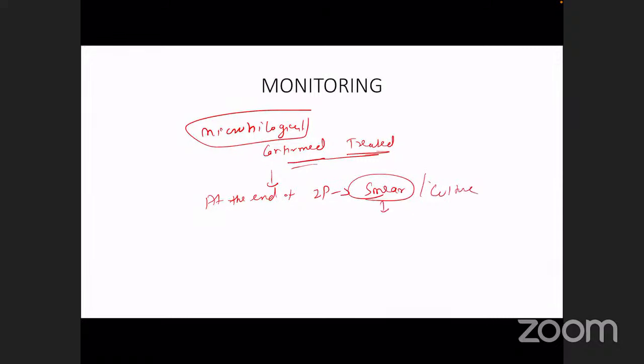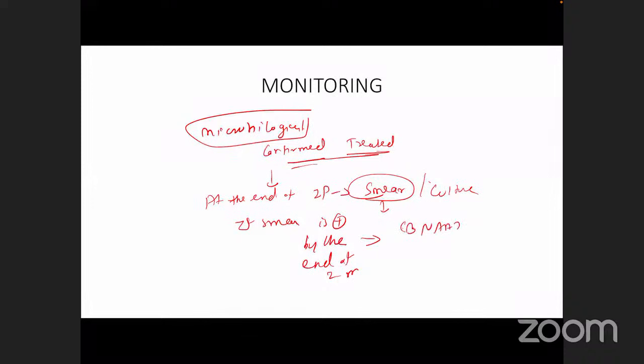Now, even if the smear comes positive, you should not extend the duration of the intensive phase by 1 month. What is recommended is, if the smear is positive at the end of 2 months, you go for CBNAAT, or basically DST testing for drug resistance, if you haven't done it earlier.